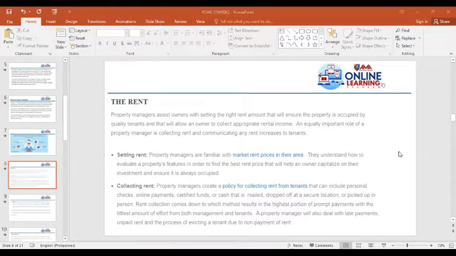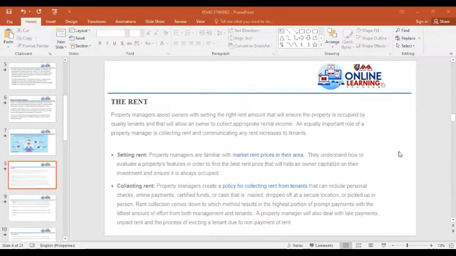Next is collecting rent. Property managers create a policy for collecting rent from tenants that can include personal checks, online payments, certified funds, or cash that is mailed, dropped off at a secure location, or picked up in person.